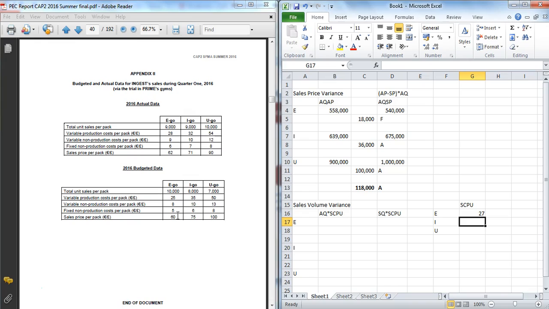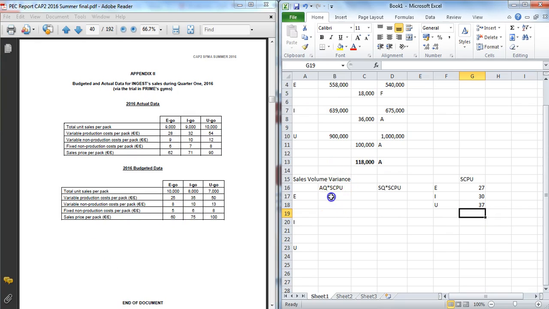So standard contribution per unit for EGO is 27, and the same approach for IGO: 75 minus 35 minus 10, and then 100 minus 50 minus 30. A lot of students would have made the mistake of including their fixed cost per pack, but because it's a marginal costing system, you need to ignore that and only use your variable costs. So 27, 30 and 37.